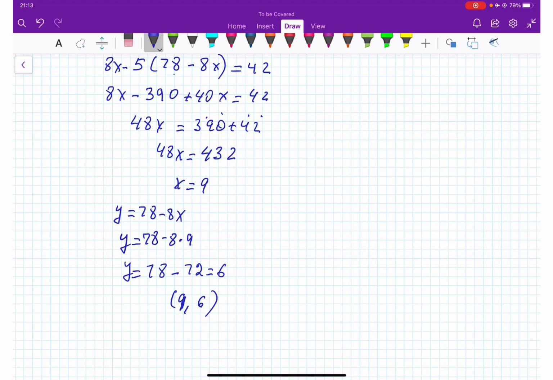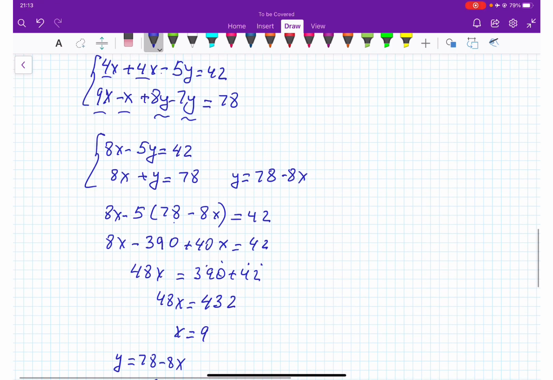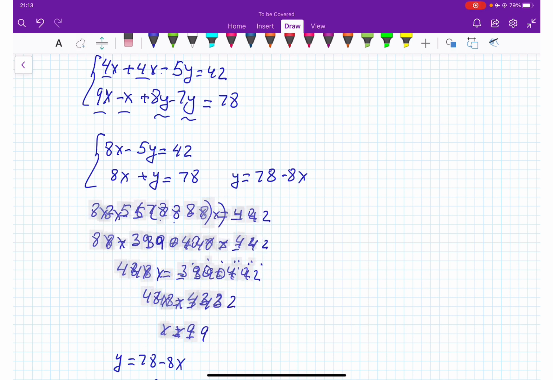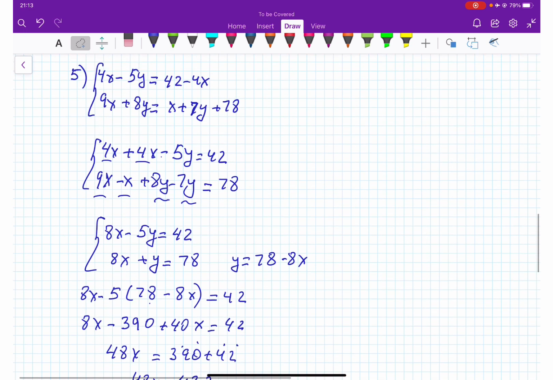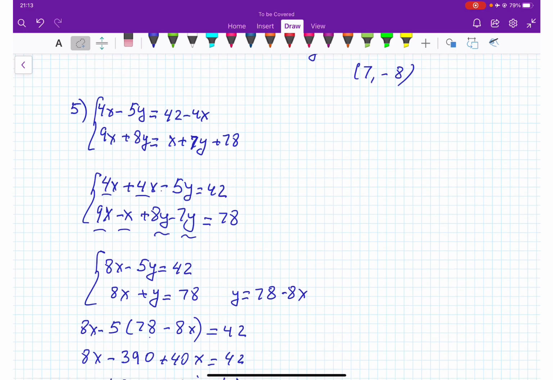All right, question number 6. Now we are going to have the method of substitution using fractions. We are going to deal with fractions. So, question number 6.